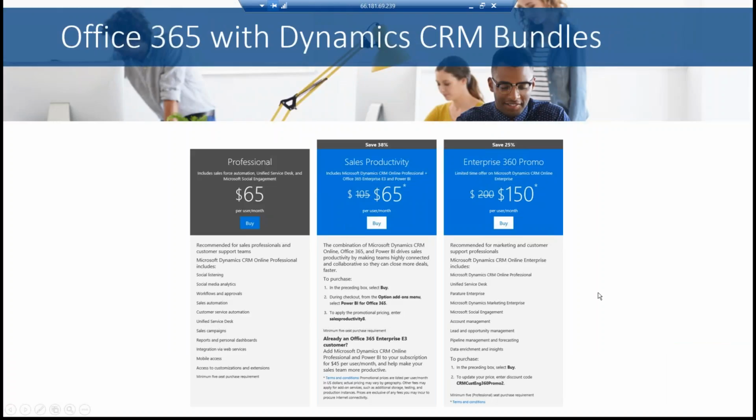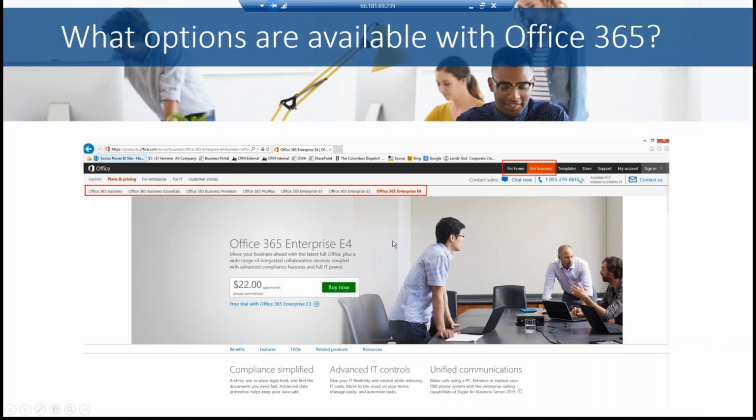Bundled with Office 365 and Power BI, and this is actually $65 per user per month. This is actually the Office Enterprise E4, which is the highest level, and it is at $22 per user per month.